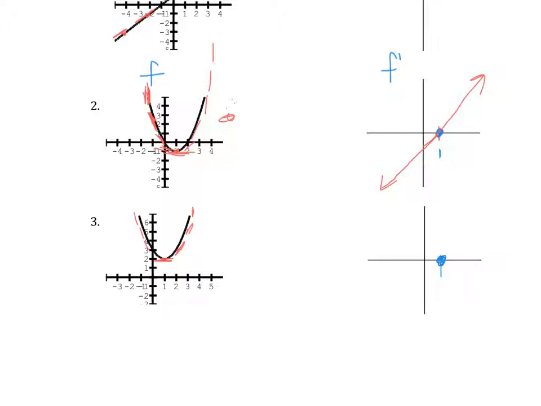I've got the same tangent lines. These two derivative graphs are exactly the same. So notice that the derivative is not dependent on the y value of the original function, because I have two different y values of these two graphs and their derivatives are exactly the same.